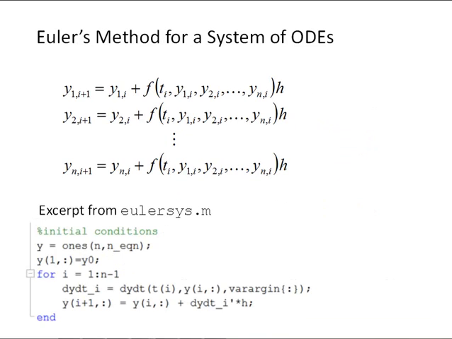So let's look at expanding Euler's method for a system of ordinary differential equations. Basically, if we have n equations, we'll have n y values that we're solving for at each time step.